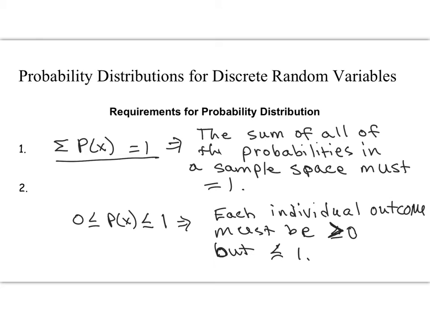Okay, and that makes sense because you can have a probability of 0%, but you can't have anything less than 0%. And the probability of something happening could be 100%, but it's never going to be greater than 100%, and it can be any value in between those two numbers.